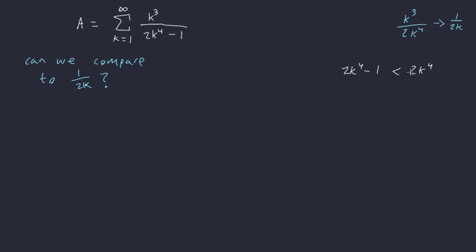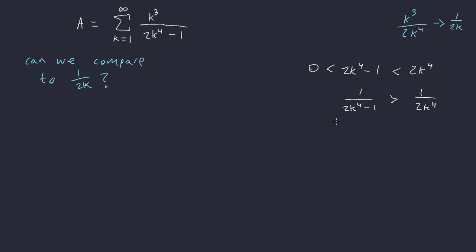So this has to be greater than this. And this also is positive, because at k equals 1 we get 2 minus 1, which is 1, and at every other term we'll get something positive. So when I flip the fraction over, I can flip the sign. So 1 over 2k to the 4th minus 1 is greater than 1 over 2k to the 4th.